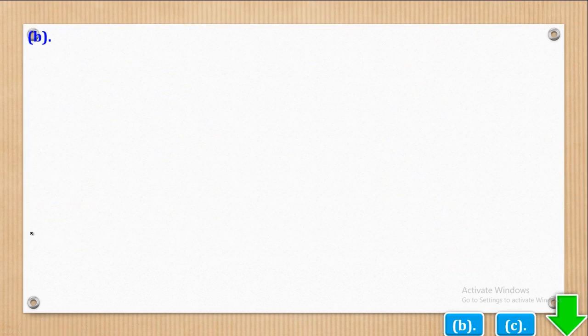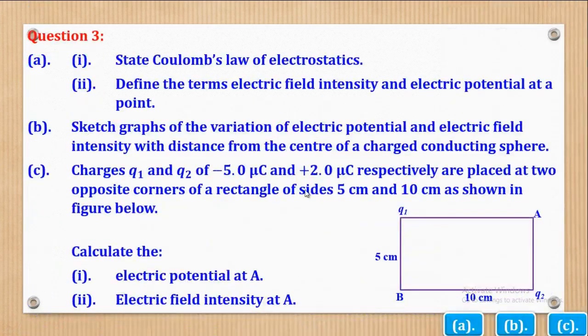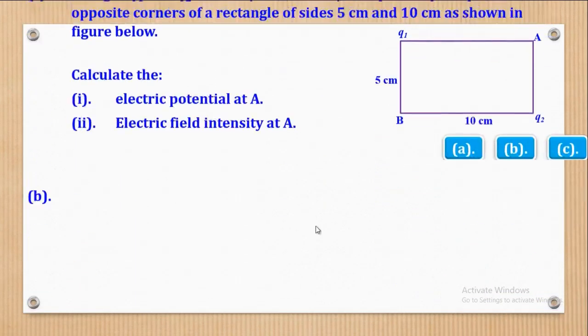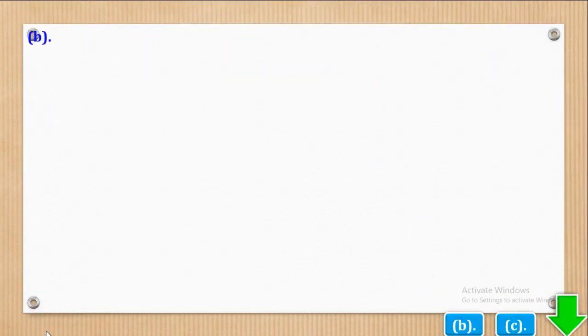So now we shall go to part B. So part B says sketch graphs of the variation of electric potential and electric field intensity with distance from the center of a charged conducting sphere. So they want the graph inside and outside the sphere for both.